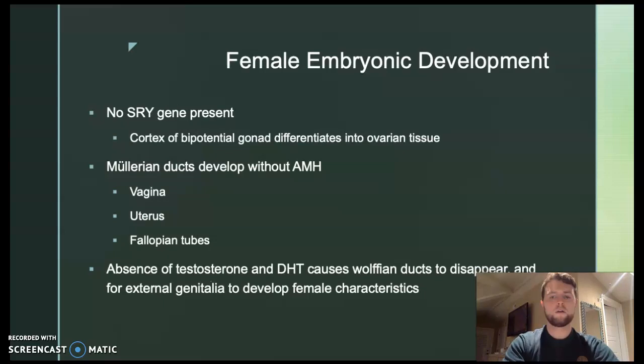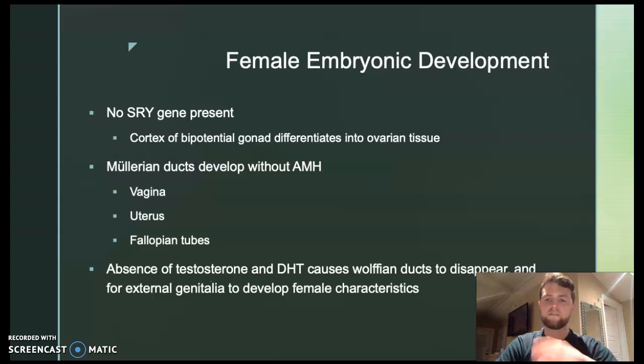And then slide 7, finally, we will discuss female embryonic development. In females, there is no Y chromosome, so there's no SRY gene present. In its absence, the cortex of the bipotential gonad differentiates into ovaries.